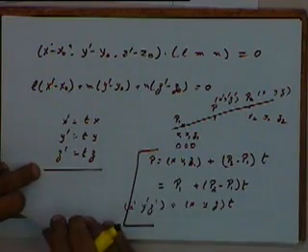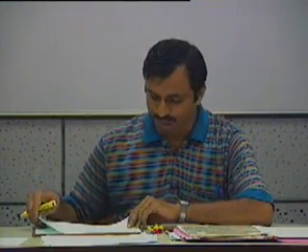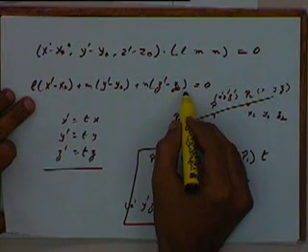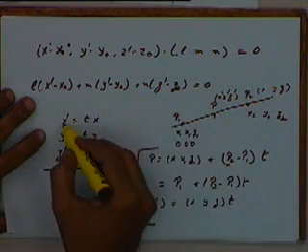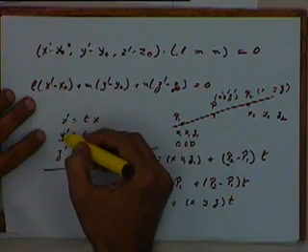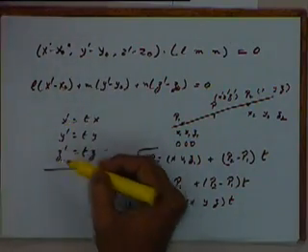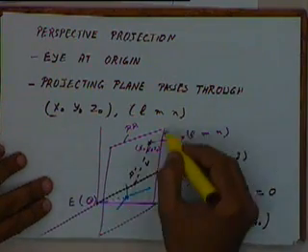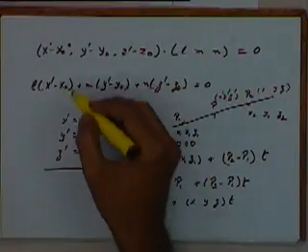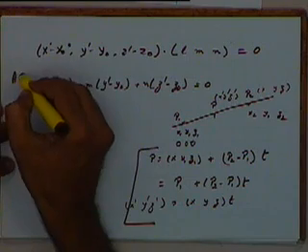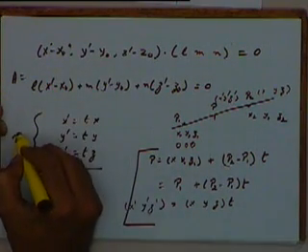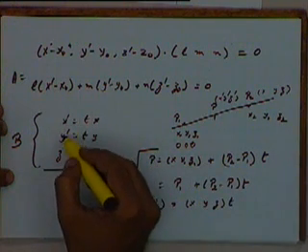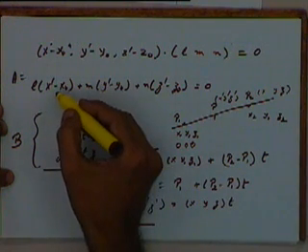Now if you look at this relation, we need to get the value of x prime, y prime, z prime, which is the intersection of this line with this plane. So both these equations have to be satisfied. Let's say this is equation A and this set of equations is equation B. So the values of x prime, y prime and z prime we will put into this equation.